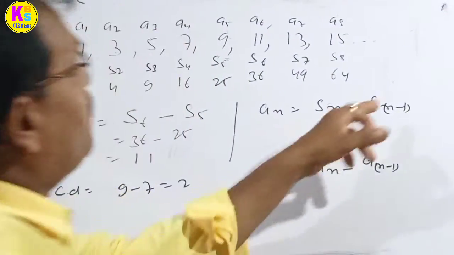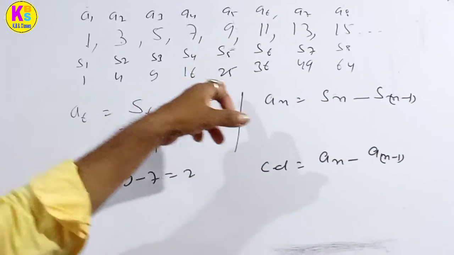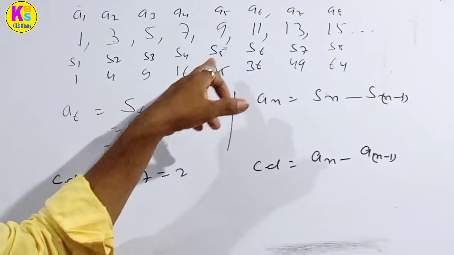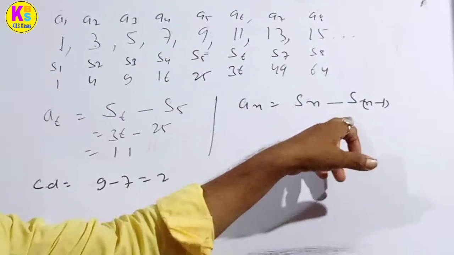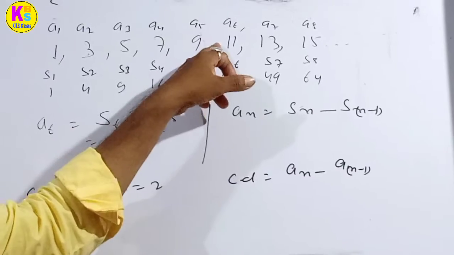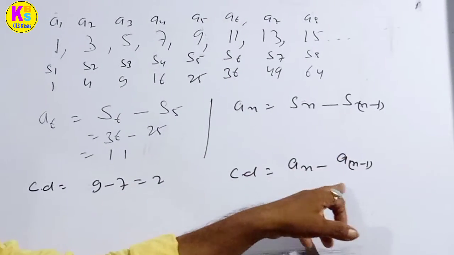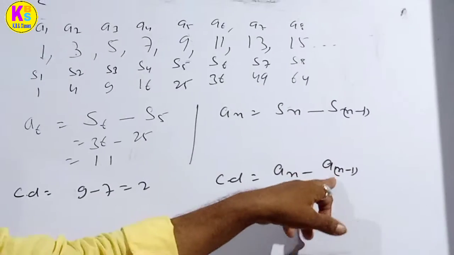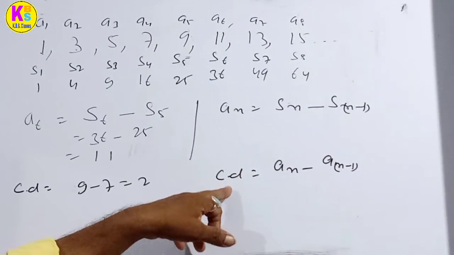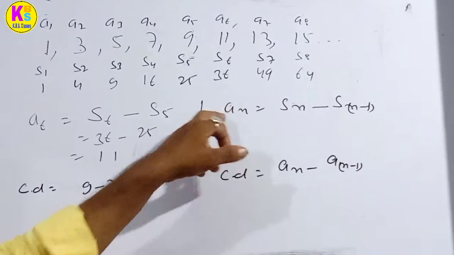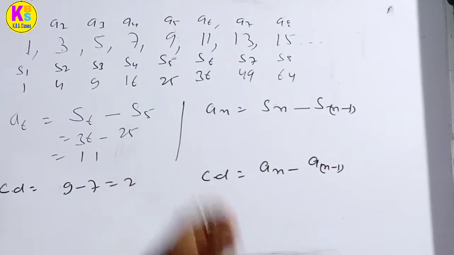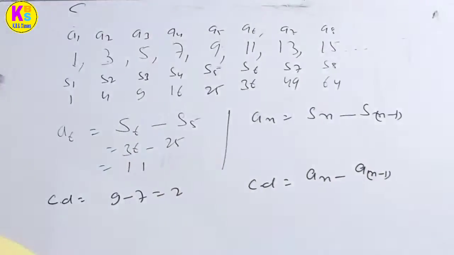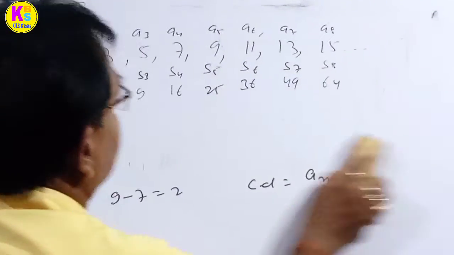So if we subtract the previous sum from the next, then we shall get the term. And if we subtract any term and its previous one, then we get the common difference. So this can also be used as a formula. Now here we are taking the sum now.